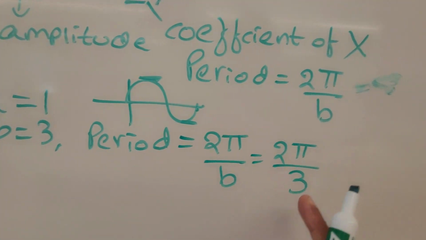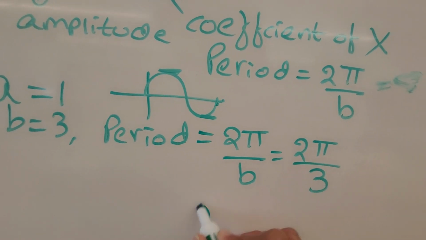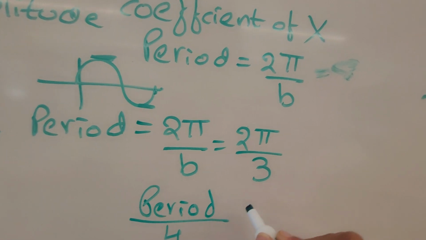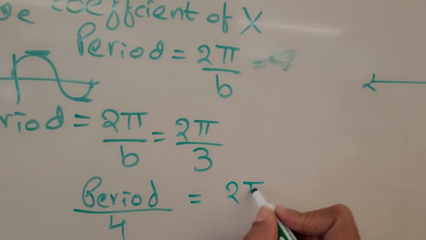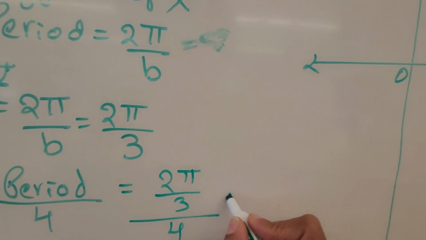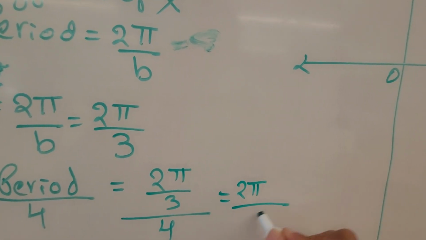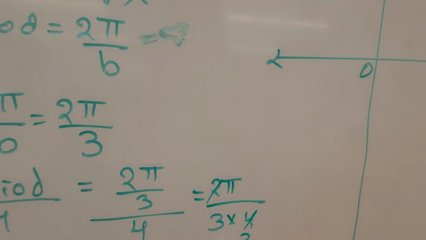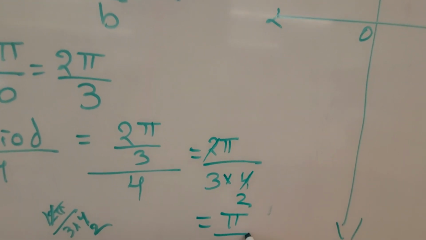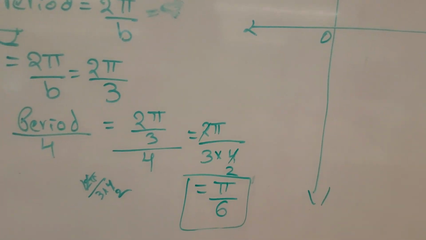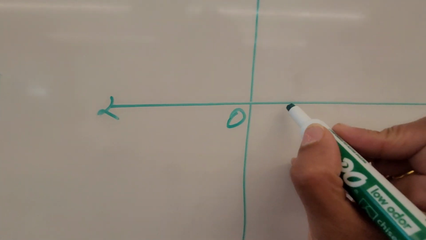Or you can do it in another way too. We can take the value of the period and divide it into 4 parts. So it is 2 pi by 3 divided by 4, which is 2 pi by 12, which is pi by 6. So each unit here on the x-axis would be pi by 6.